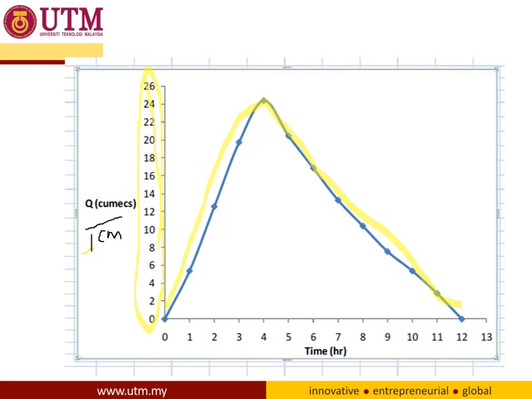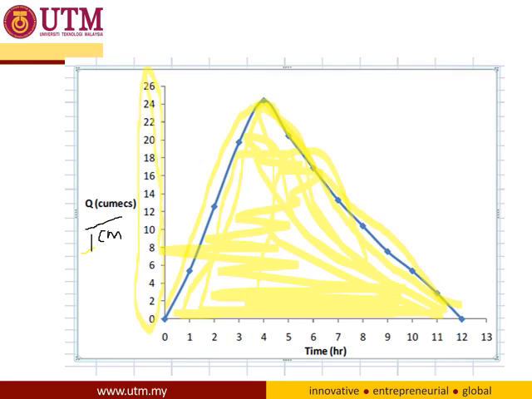So this is the unit of the unit hydrograph. If you calculate back the runoff in centimeter, the area under this curve, what should you get? You should get 1 centimeter.